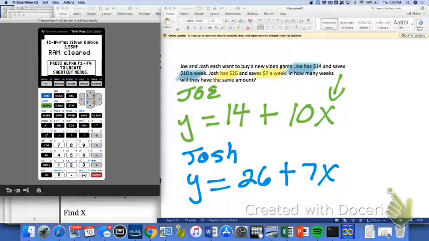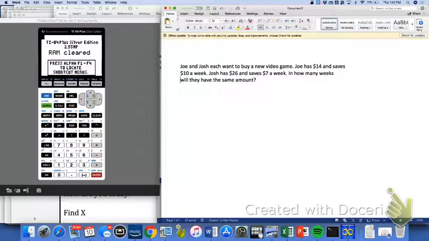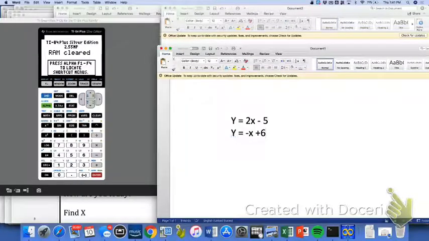It doesn't matter. So you guys take a second. I have to unfreeze my screen from where I wrote, but I'll put those equations back up here for you in a different format. Okay, so your first equation that you're typing in is, of course, 26 plus 7x.